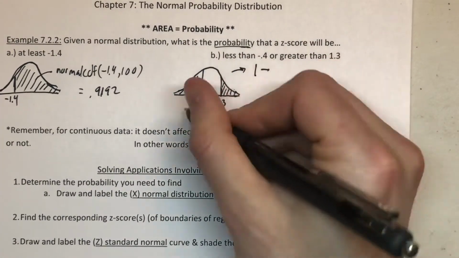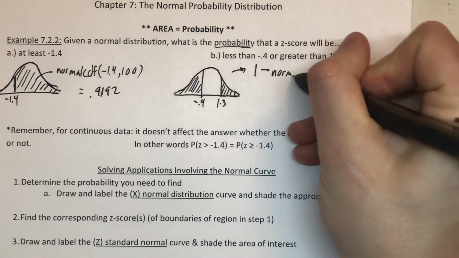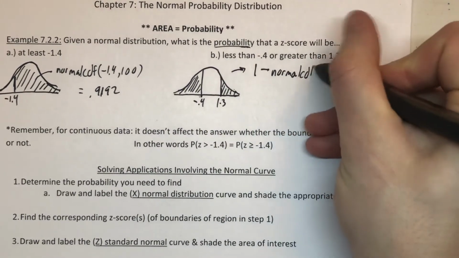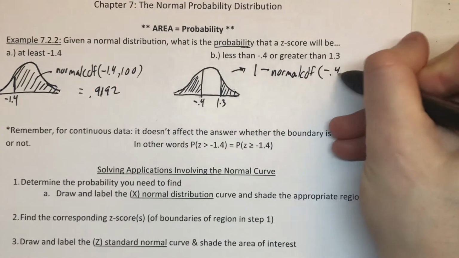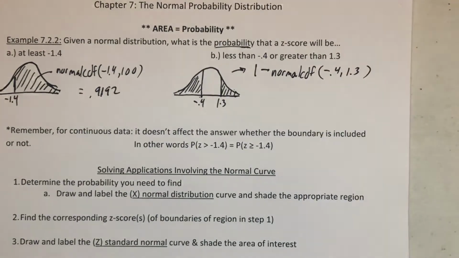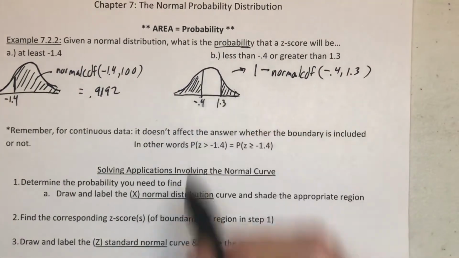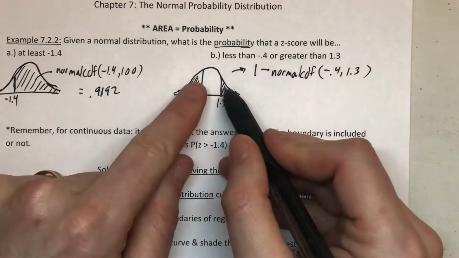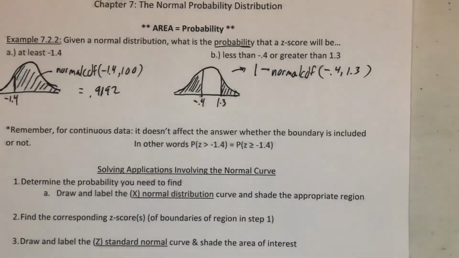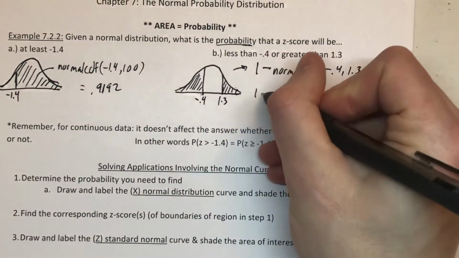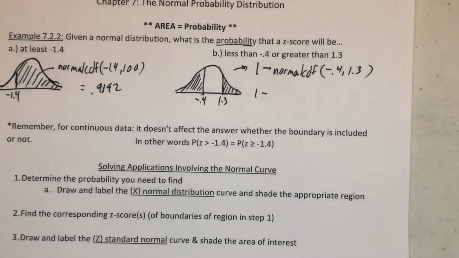We don't want the probability, normal CDF, from negative 0.4 to 1.3. That's the unshaded area. Take it away from 1 and you will get the shaded area. So this is another nice little trick you can use when you're familiar with the characteristics of the bell-shaped curve.